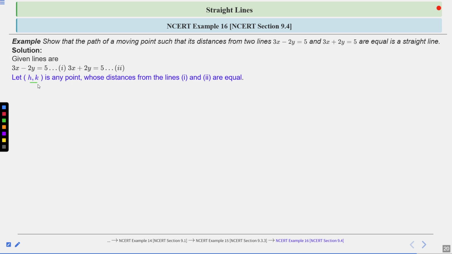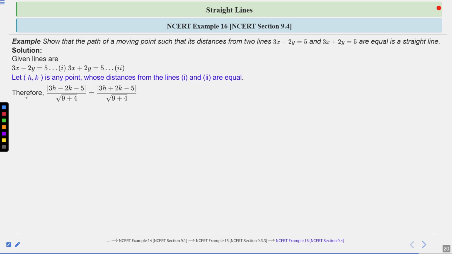So if we find the distance of the line 3x minus 2y equal to 5 from the point h comma k, and the distance of the line 3x plus 2y equal to 5 from the point h comma k, then these distances will be the same.